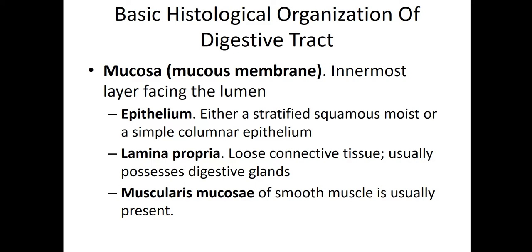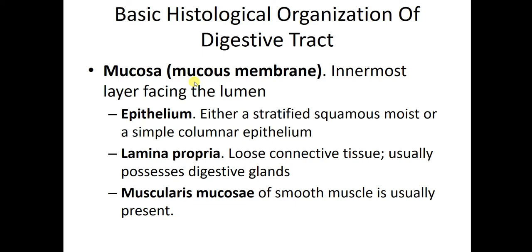Now in mucosa we have epithelium, lamina propria, and muscularis mucosa. In the respiratory tract, muscularis mucosa is sometimes absent. It starts only from the secondary bronchi. But here mucosa is preserved in the digestive tract. Let's return to the composition of this mucosa a little later.